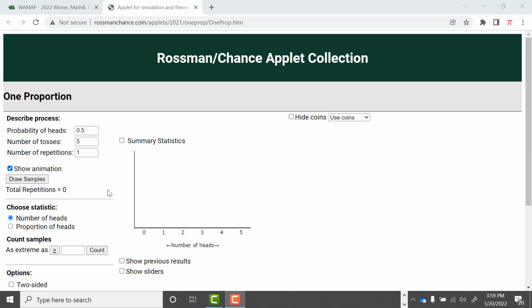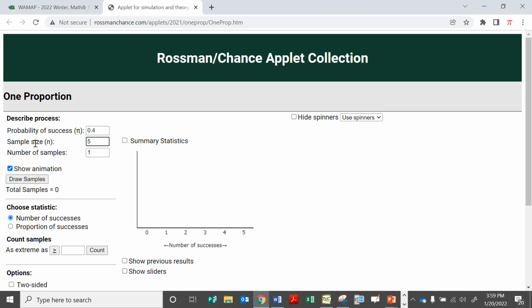So the previous time we've used this applet in our last example, we left this number here at 0.5, but that was because our null value was 0.5. Now our null hypothesis is that p is equal to 0.4. So because that's my null hypothesis, I want to change this to 0.4.